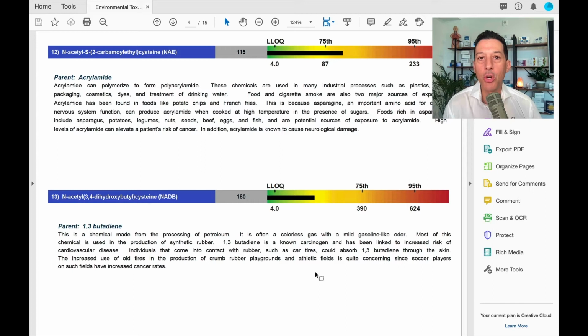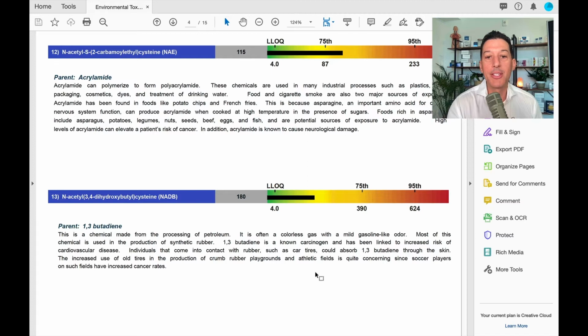If you like to charcoal your meat a bit, if you like to grill and get those grill marks on it, if you like to grill your veggies and have essentially charcoal, the black on it, those are called acrylamides. So acrylamides is from high heat cooking.